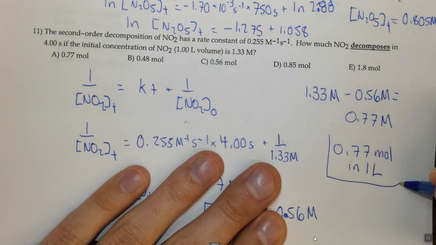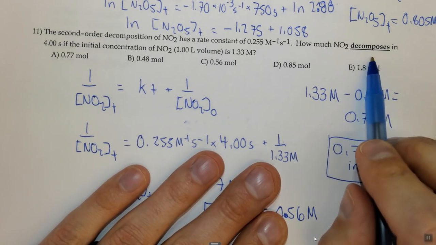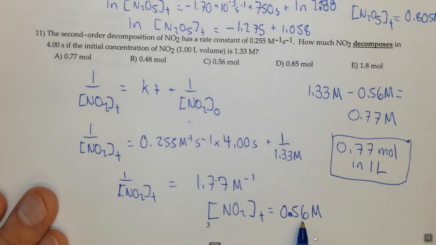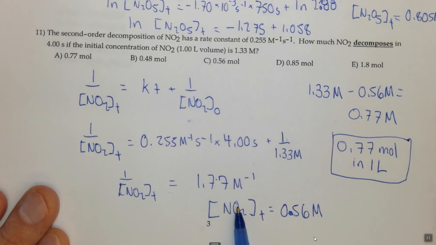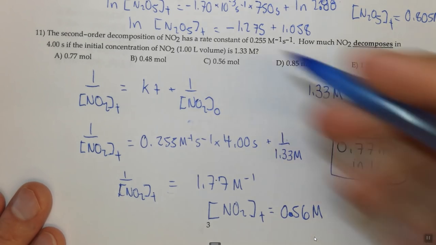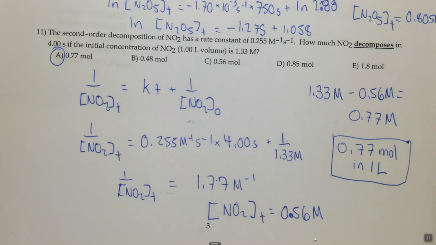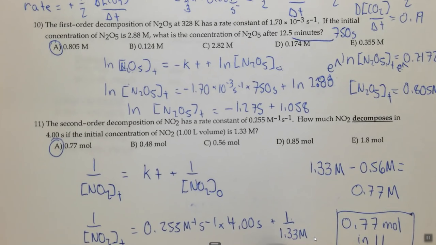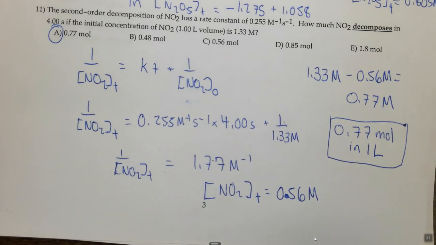So this is actually the answer because it asks us for how much decomposes, not how much is left. This is the concentration after some time. It doesn't tell you how much you lost, it tells you how much is left. But how much was lost is 0.77 moles. Not a particularly easy question, and I strongly recommend you practice this. If you look at the previous question, it goes over a first order, and this goes over a second order. These are similar questions.